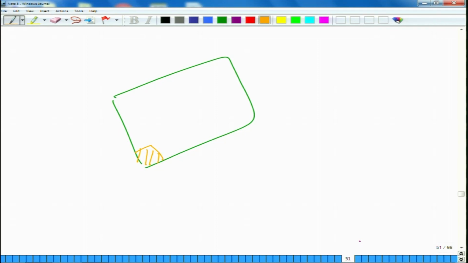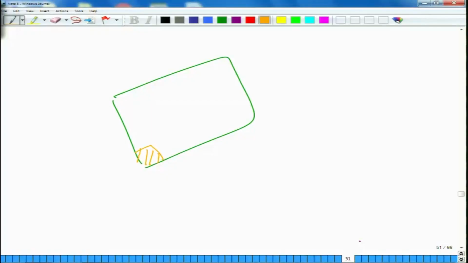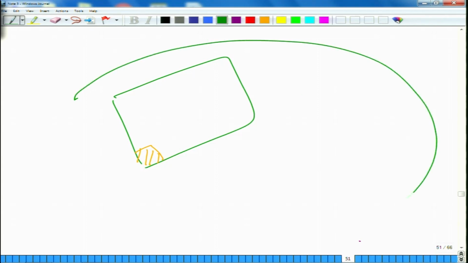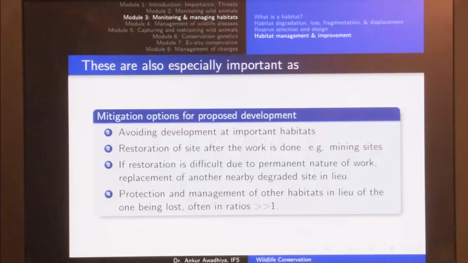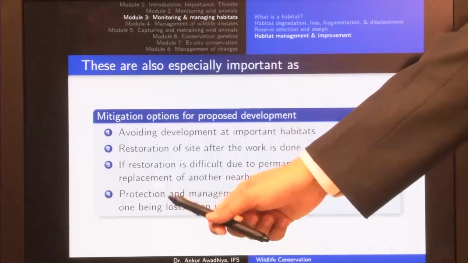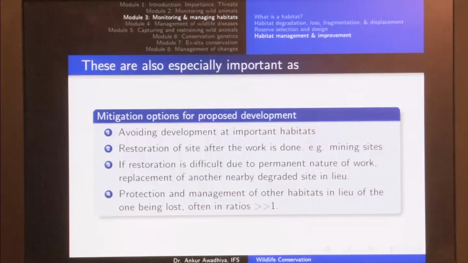So, if we do not even have any other area in which we could do this replacement work, we would say that in lieu of doing mining in this area, you should provide funds so that this much area of the forest can be protected. So, we are essentially bargaining with the developer so that we can have protection and management of other habitats in lieu of the one being lost, often in ratios much greater than 1.